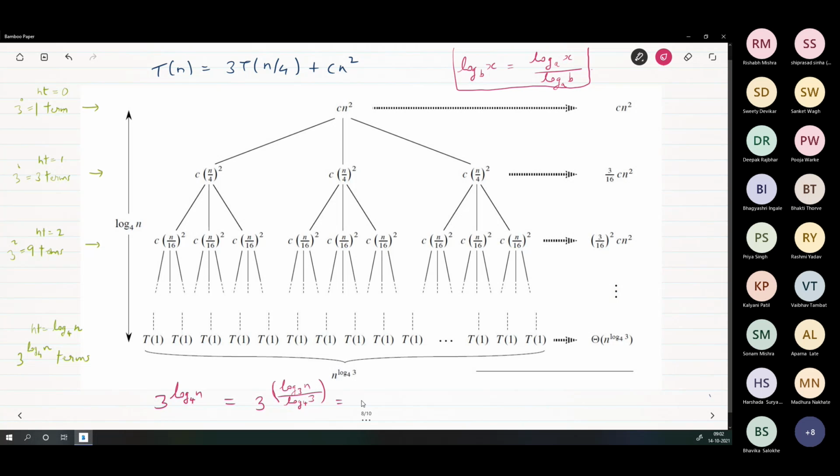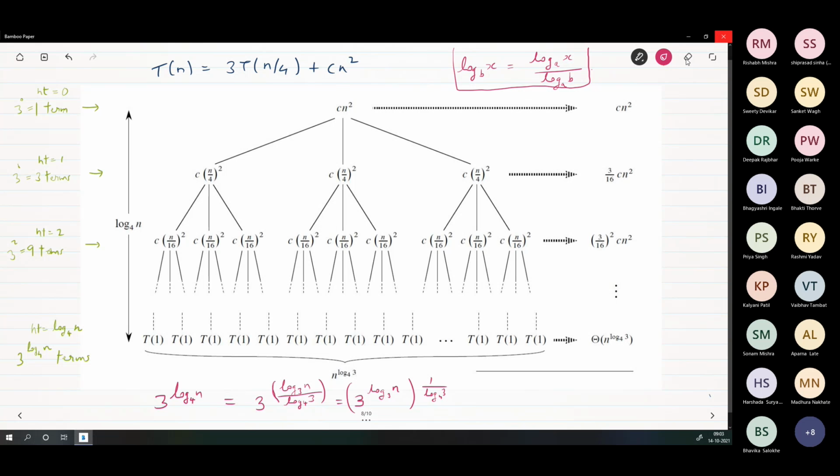That is equal to 3 raised to log n to the base 3, the whole raised to 1 by log 3 to the base 4. Oh, sorry. It should be multiplication.